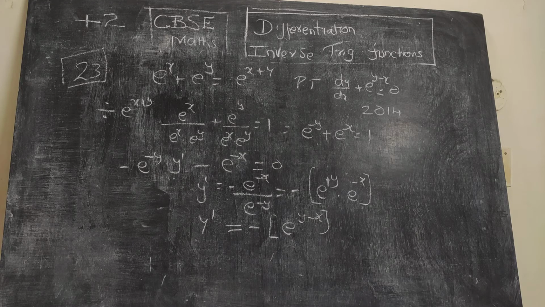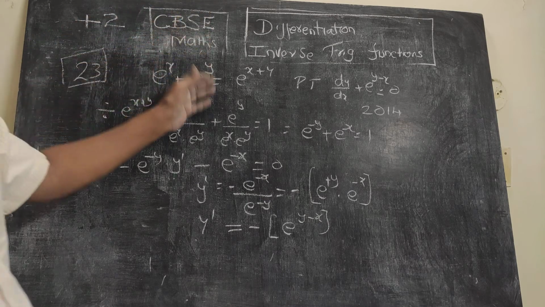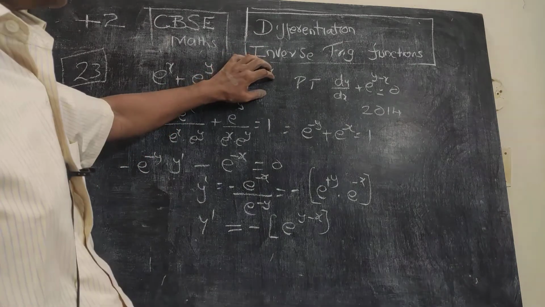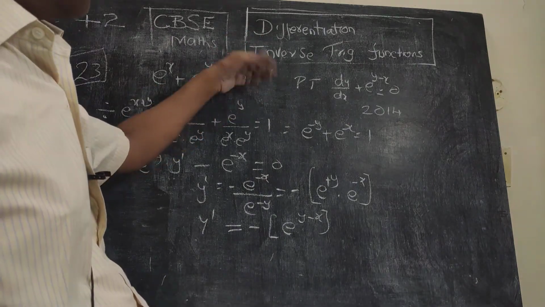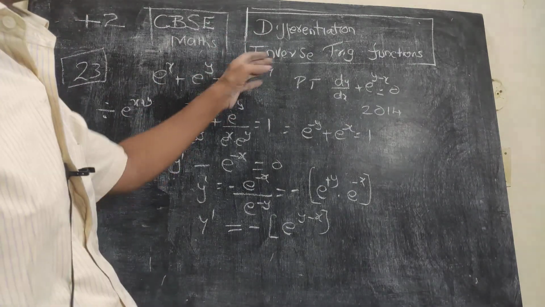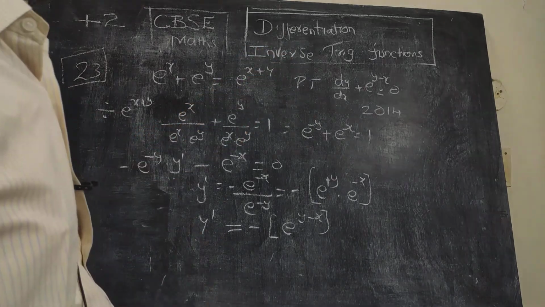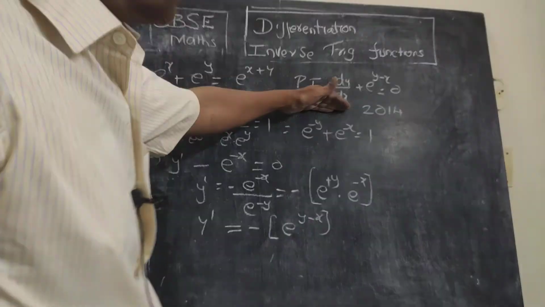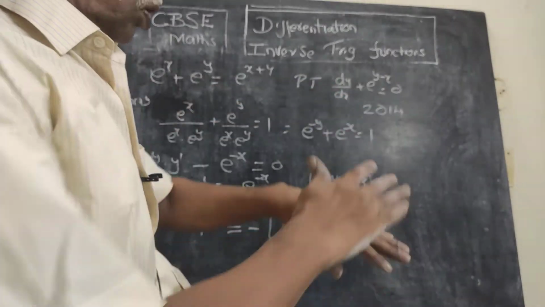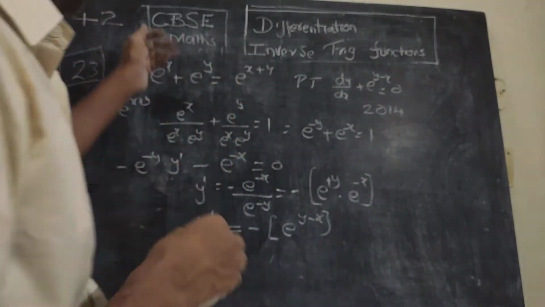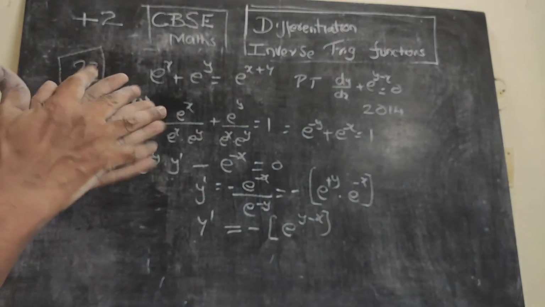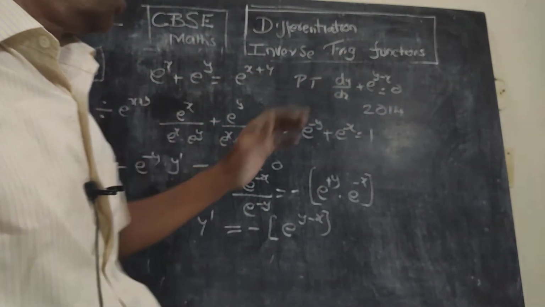In the earlier videos I differentiated as it is: e power x on differentiation e power x, e power y on differentiation e power y dy by dx, e power of x plus y on differentiation e power x into e power y, and so on. But I could not get this answer. So now I am discussing this problem again because we have to show this equal to this.